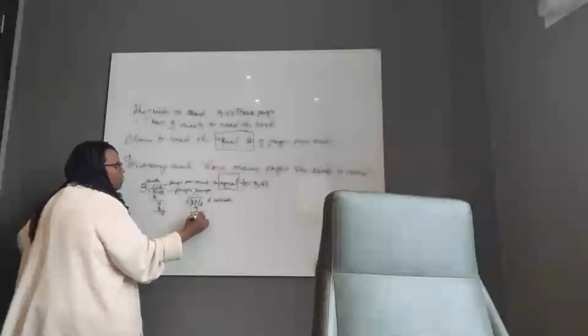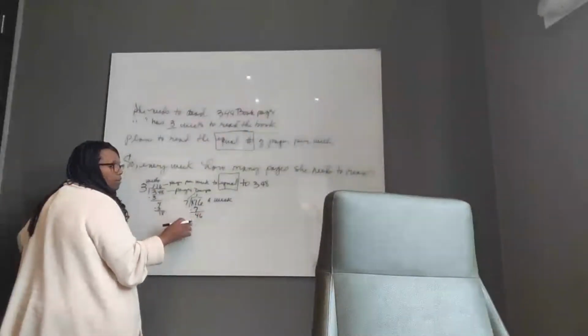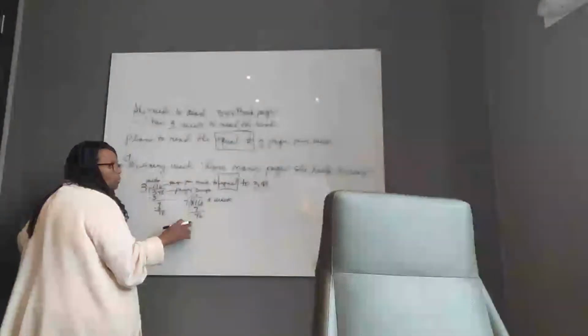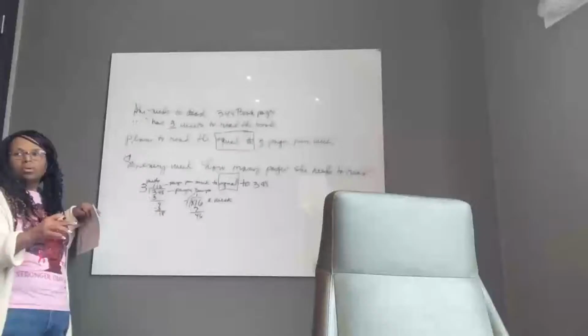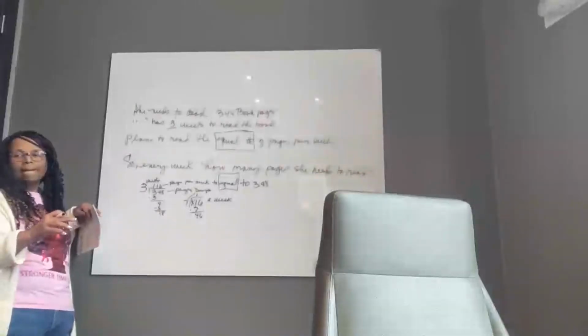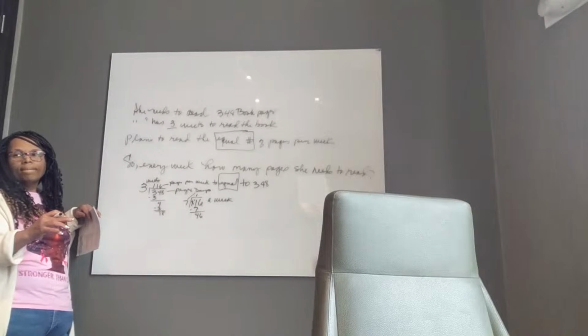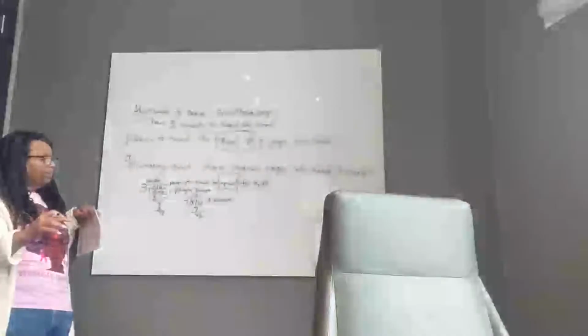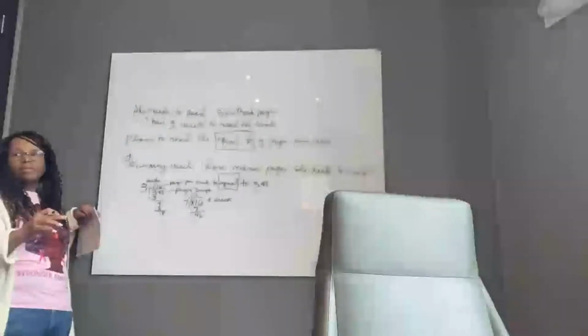Okay, now we bring down the 6. 7 into 46 goes how many times? 6. 7 times 6 is? Wait, hold on.